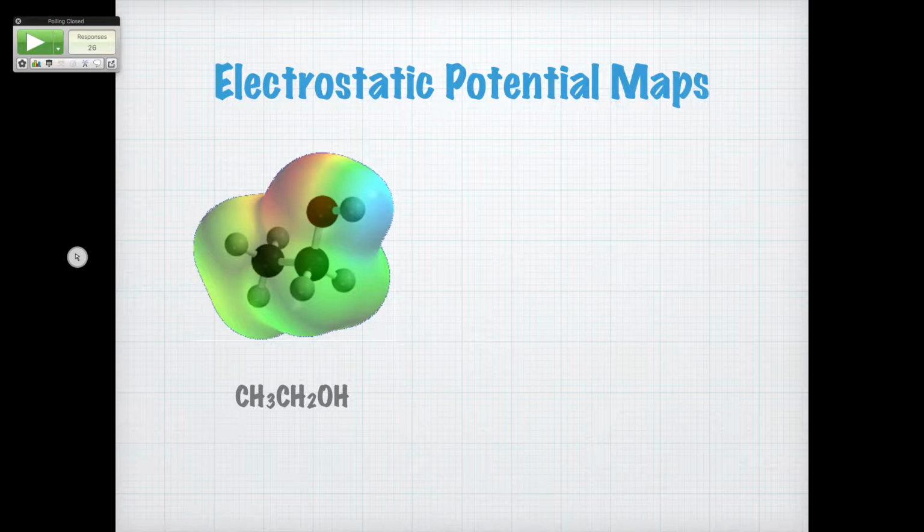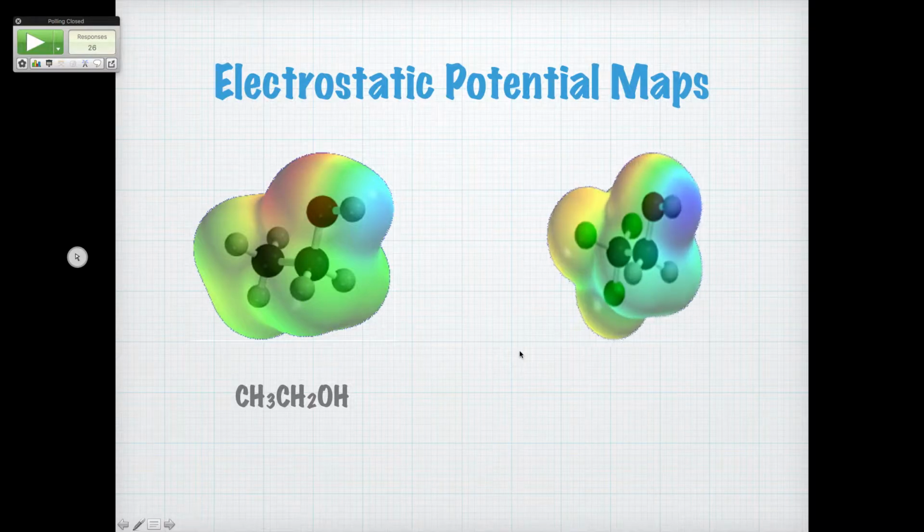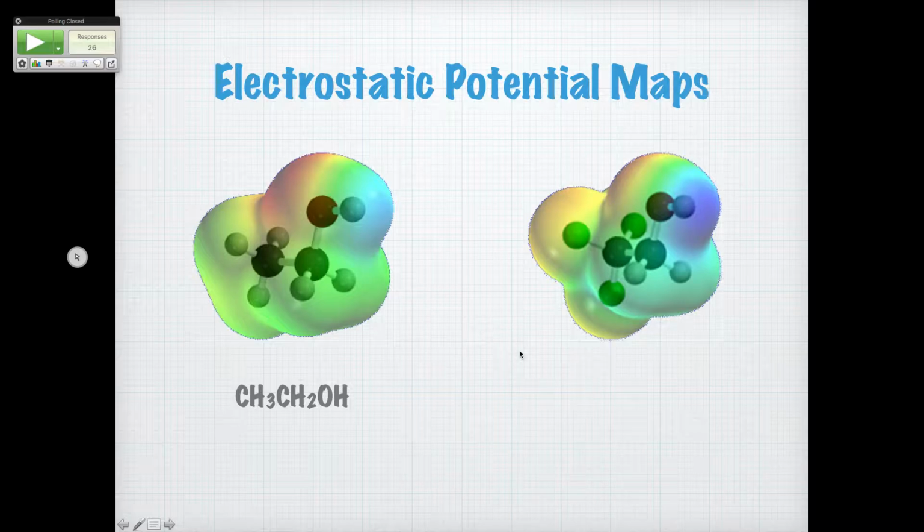Red is more electron density, blue is less. Look what happens when we put the fluorine on. See how it changes? This got even darker, and the red got smeared back over towards the fluorines. Over here, there's not really any red. So that's why we use these to show you that.